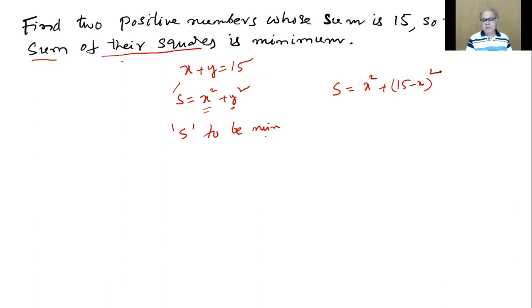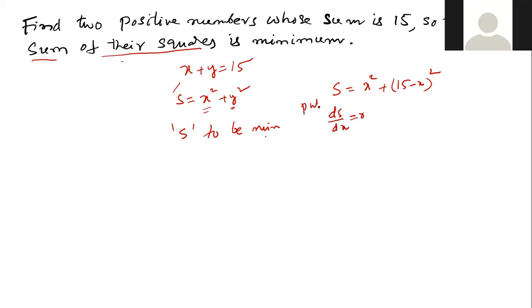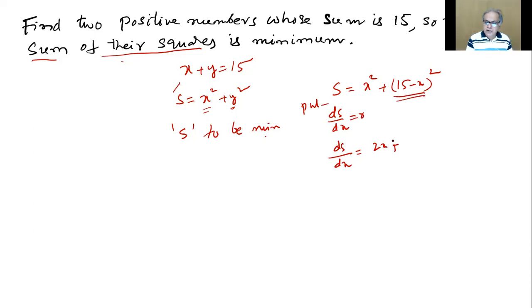So for this to be minimum or maximum, what should I do? Derivative, sir. Tell me what is dS by dx? 2x plus, this is a composite function, 2 into (15 minus x) to the power 2 minus 1 into the derivative of (15 minus x), which is 0 minus 1.